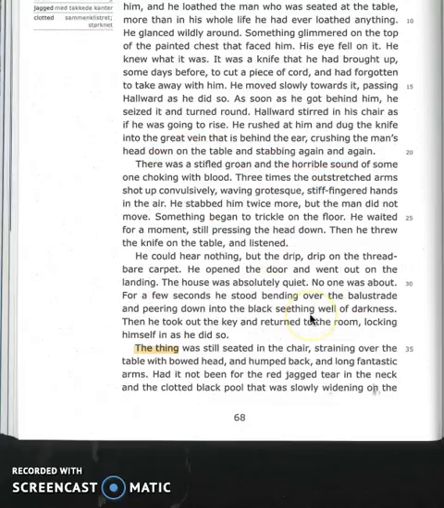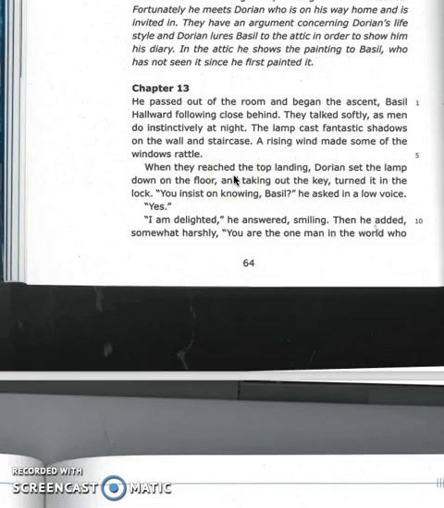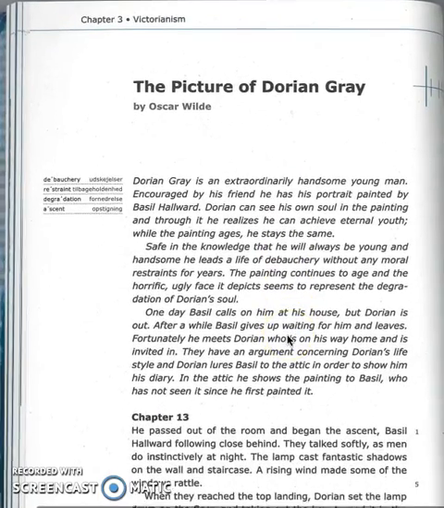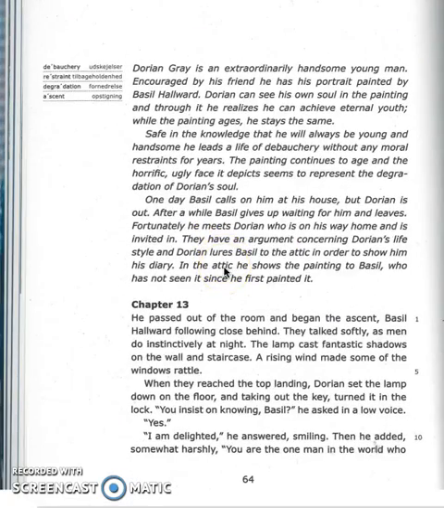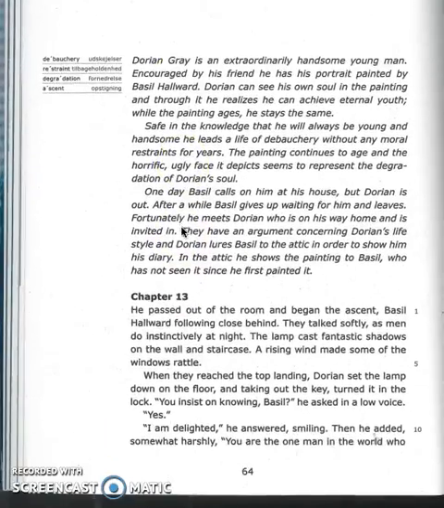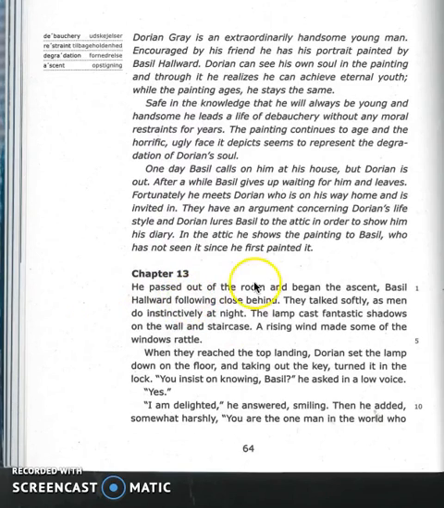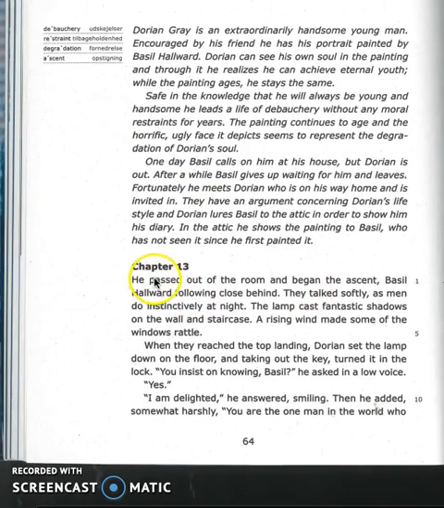And we hear in the start, the story starts in medias res, when we follow Basil and Dorian walk upstairs towards the painting in Dorian's home. We can see here he passed out of the room and began the ascent, Basil Hallward following close behind.